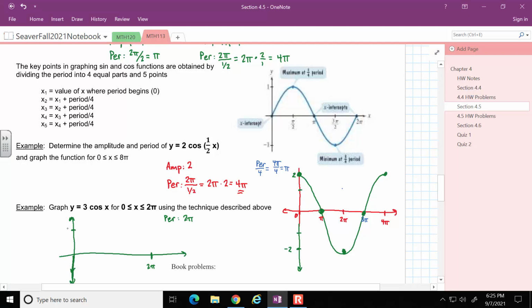So I'll make that 3, and I'll make this negative 3. 2 pi divided by 2, that's just my pi. Divide that in half, I get pi halves. So pi halves, 2 pi halves, 3 pi halves. So it is a cosine function. So I start here. I go to 0, I go to pi, back to 0, and then back to amplitude.